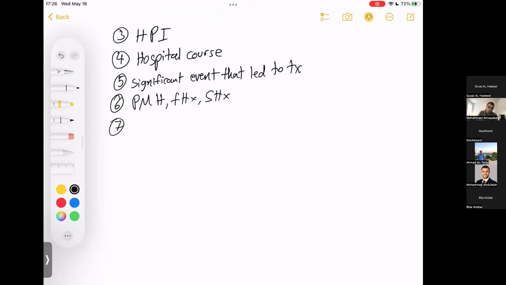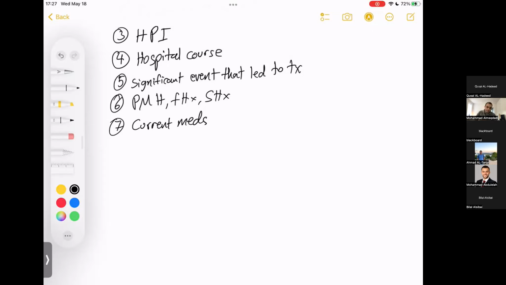And then very important is for you to also mention, after you finish telling the story, what current meds the patient is on right now. Okay, so what medications are you treating the patient with right now?